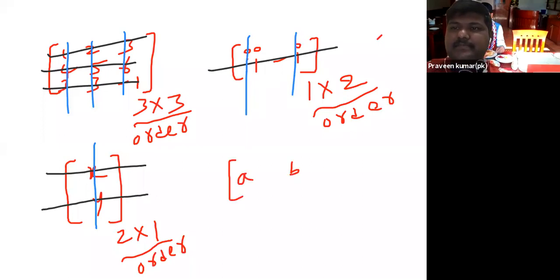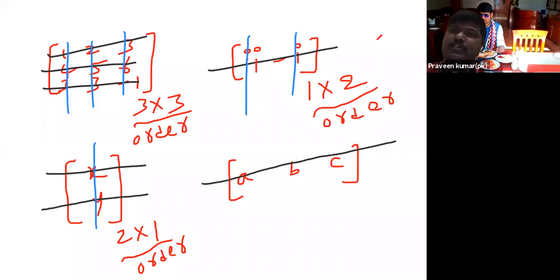A, B, C. So what is the order? What is the order of this matrix, everyone? Yes. Always you can see first rows, next columns. 1 row. Correct? How many columns? 1, 2, 3. 3 columns.